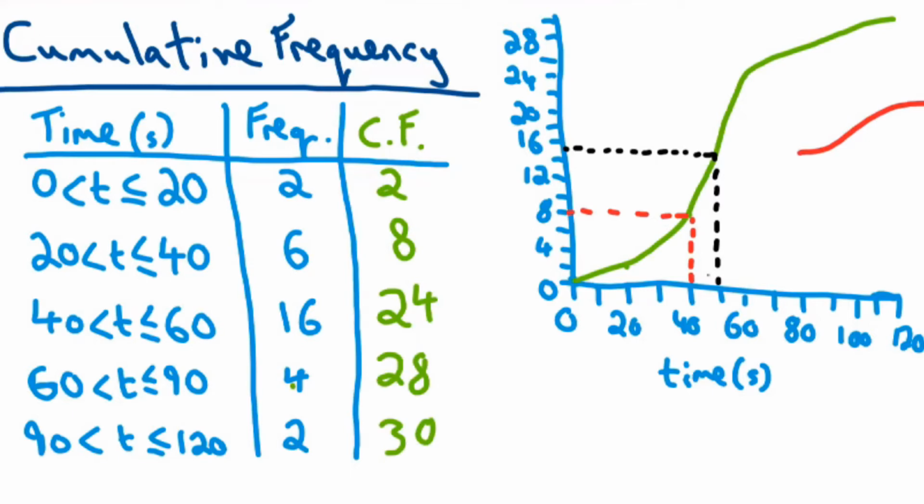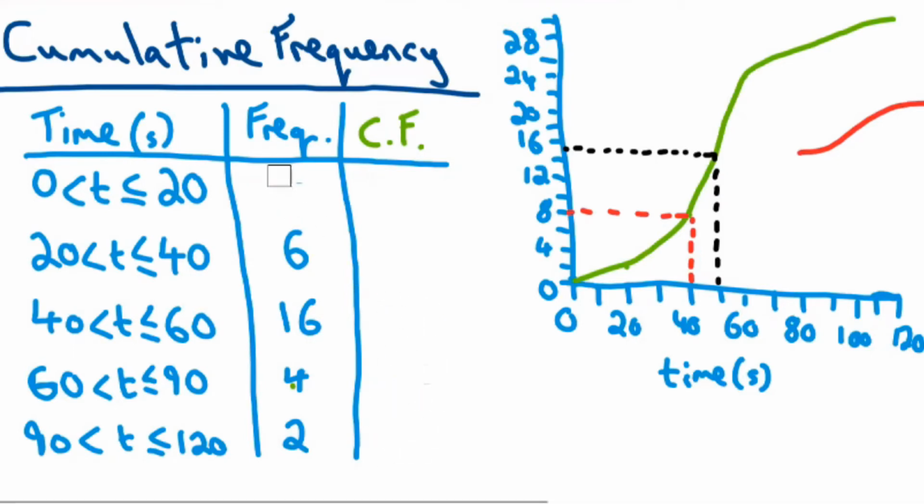If we were right with that, then let's have a go at giving you a question of your own. If we just erase these values here, I'm going to be keeping the times the same, so I don't have to change too much of the axis. However, the frequencies will be different.